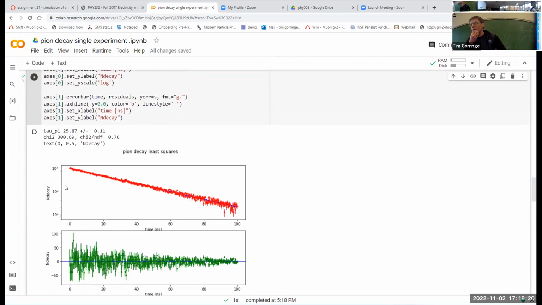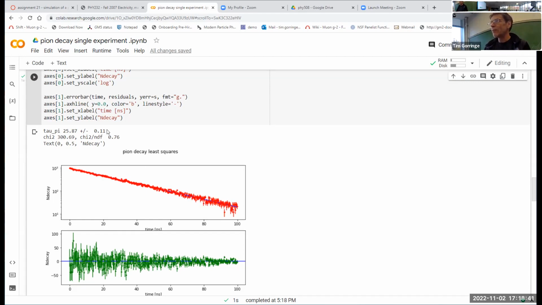Okay, so here's my results. The plots look pretty much the same as the last pair of plots. Here's the data points in red, the fit function in blue, and the residuals in green. Things look very similar there, I would say.